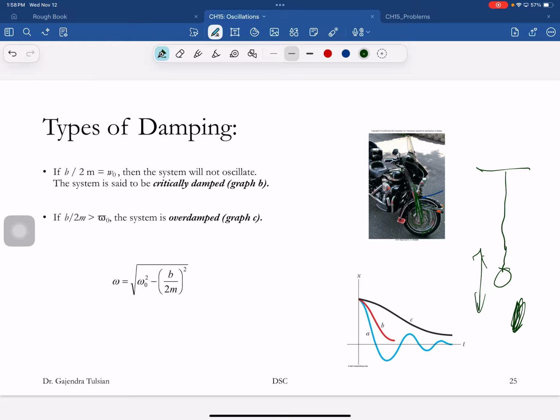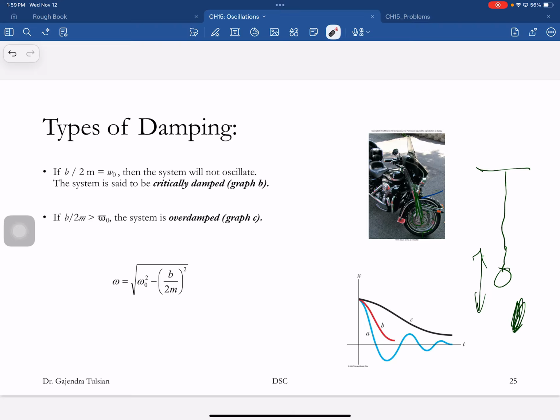All right, so this is what this says. Depending on how large this constant is, if this constant is equal to that, then this frequency of oscillation is 0. It won't oscillate. If this constant is less than that, then the wheel will oscillate. If this value is exactly equal to that, the system won't oscillate and it'll just come back to its equilibrium position.